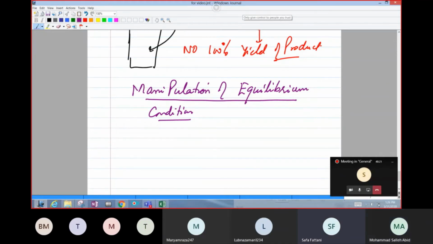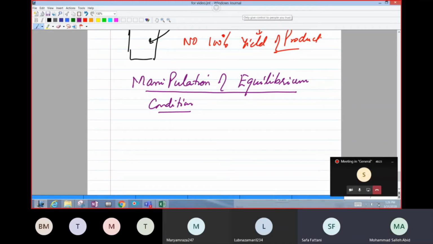So that you can get more product. Very good. So our aim is to get maximum product. So we want to manipulate the equilibrium so that we can see which reaction condition would be the best to get the maximum product.